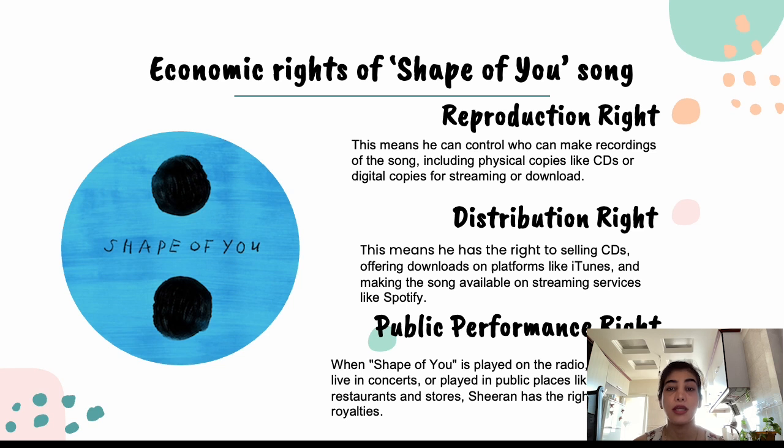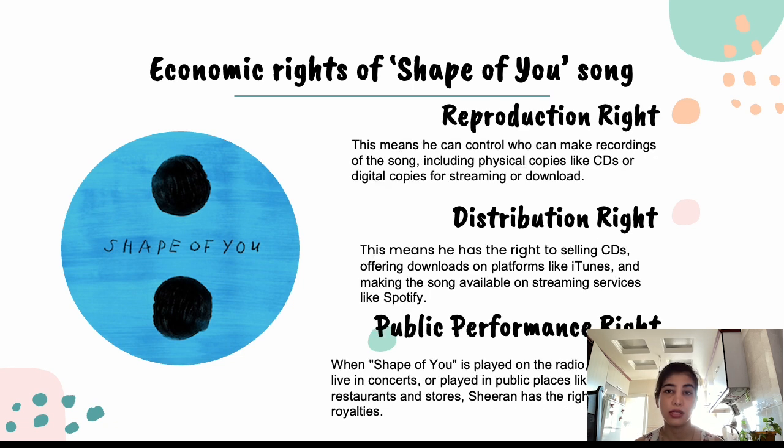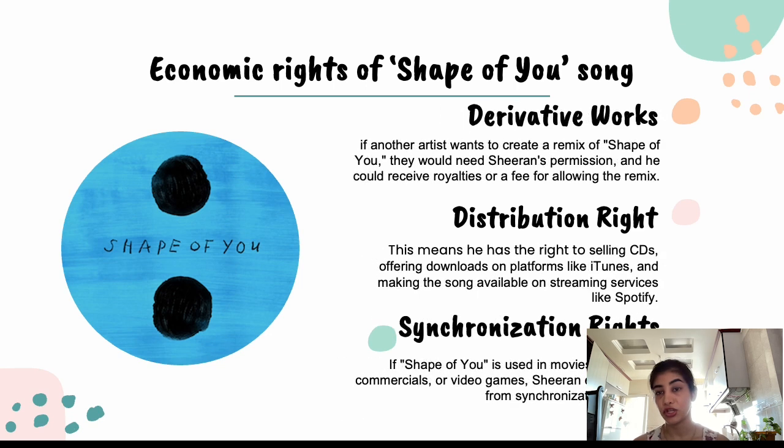This right gives Ed Sheeran the authority to perform this song in concerts, and also if this song is played in any public place like restaurants or stores, Ed Sheeran has the right to receive royalties. Royalties are the money that Ed Sheeran will receive in return for the song Shape of You.